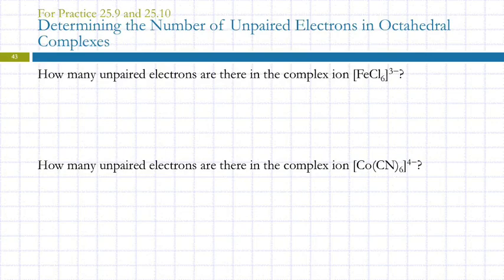So we could draw those orbitals, and this here, delta, is small. So the iron here is iron 3+, right? So then we have to look at how many electrons does iron 3+ have in the d orbitals.